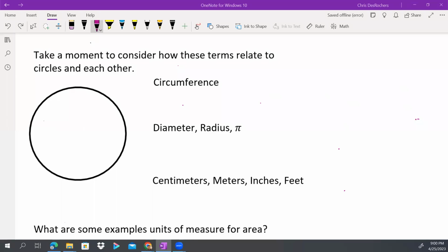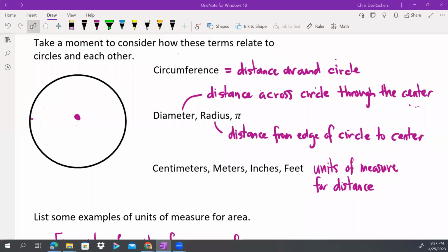All right, we looked a little bit into area. Now let's look into circles and their measure. Take a moment to consider how these terms relate to circles and each other. Okay, circumference is the distance around a circle, and circumference C equals 2 pi r. The diameter is the distance across the circle through the center, while the radius is the distance from the edge of the circle to the center.